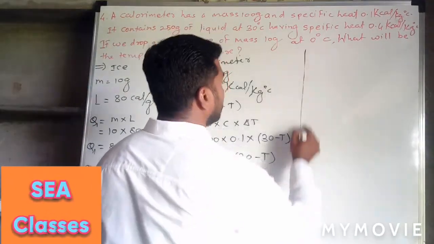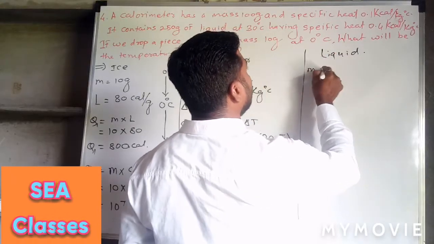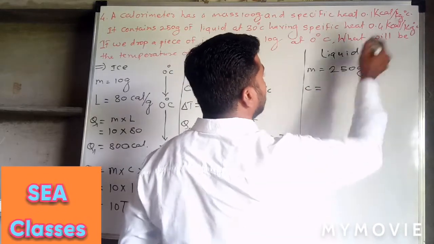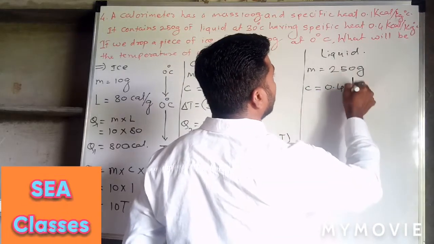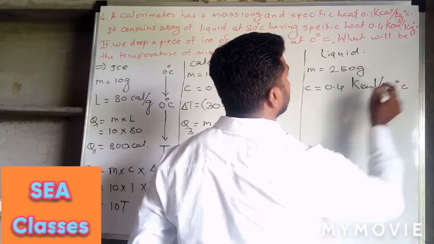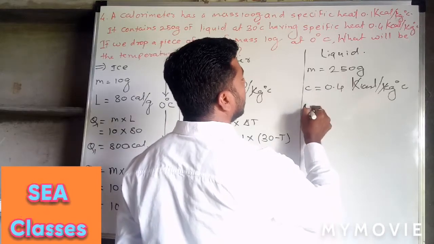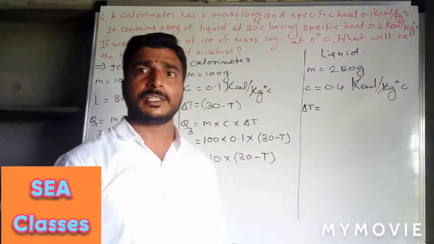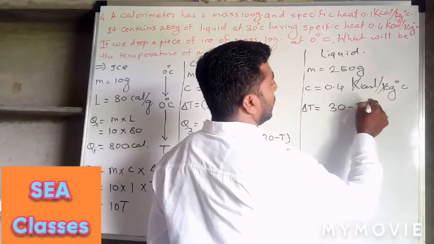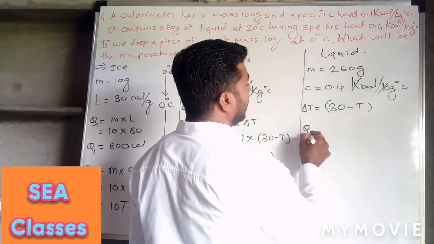The liquid. The mass of the liquid is given as 250 gram. Its specific heat is given as 0.4 kilocalorie per kilogram degree Celsius. So here the kilo will cancel out. Then delta T will be the same. The initial temperature of the liquid was 30 degree, and it is going to drop to T, so 30 minus T. Now here we have to take Q4.